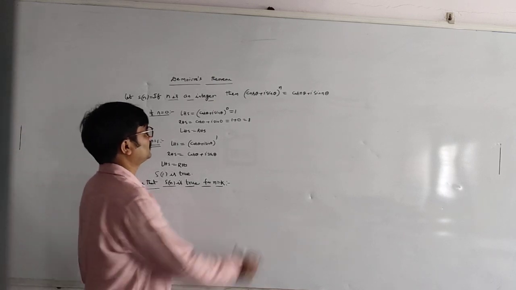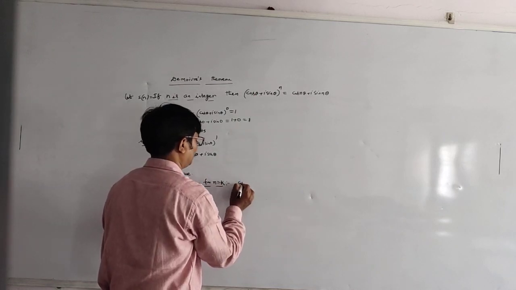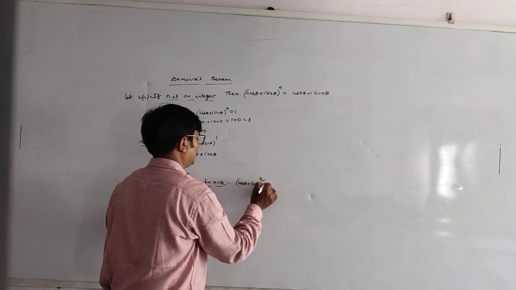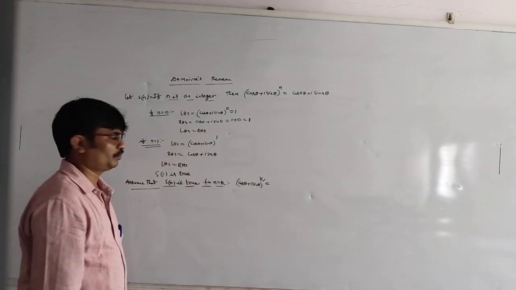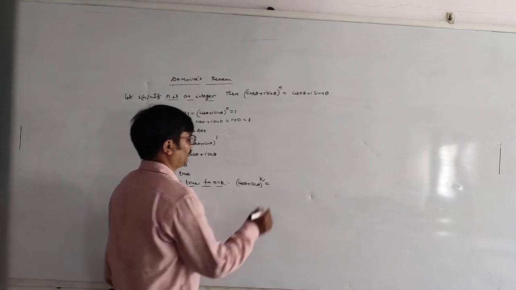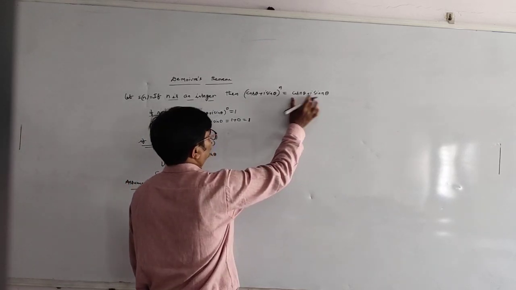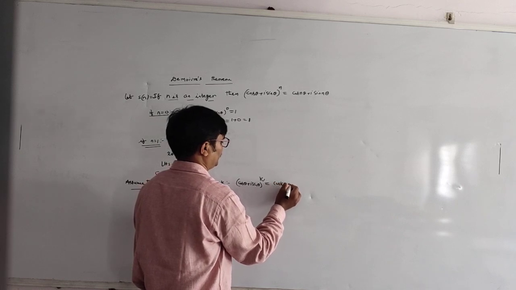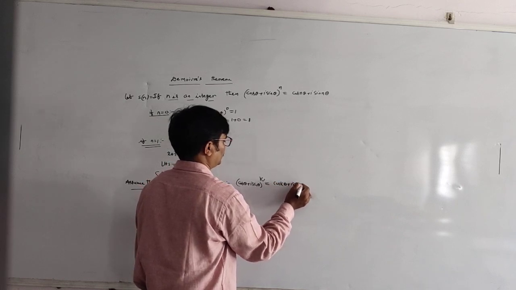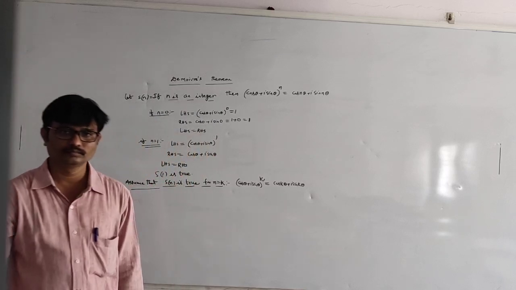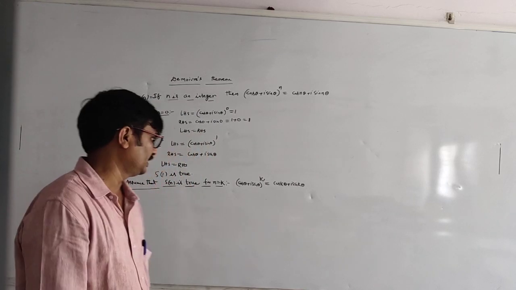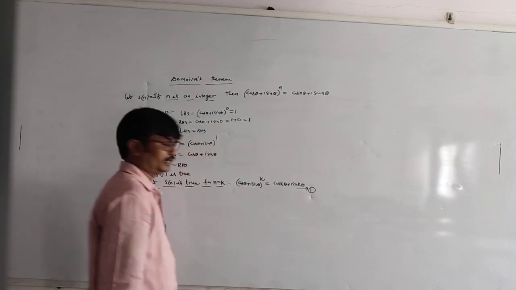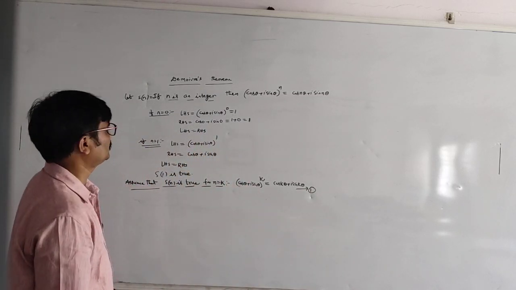That is, (cos theta plus i sin theta) whole power k, substituting n equal to k, equals cos k theta plus i sin k theta. Let us call this equation 1.